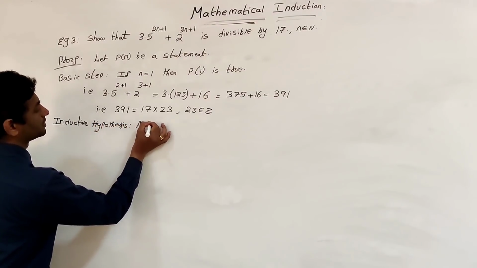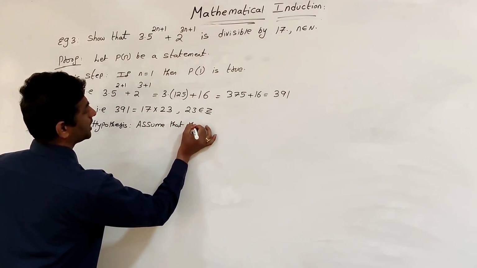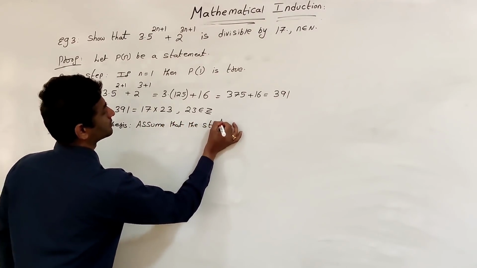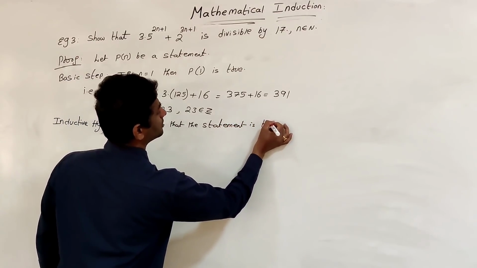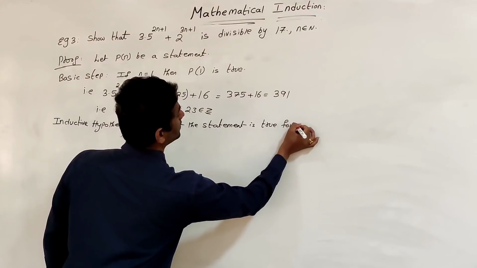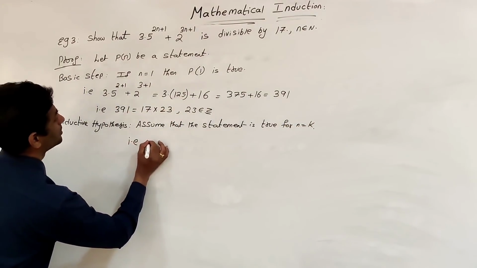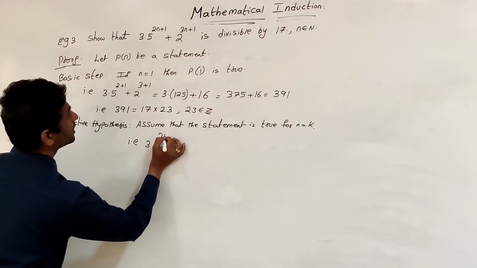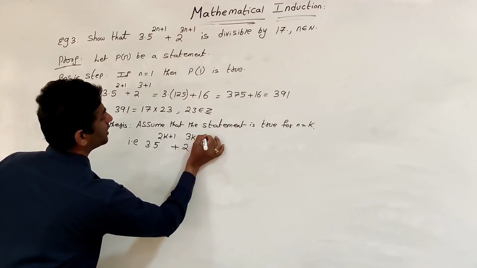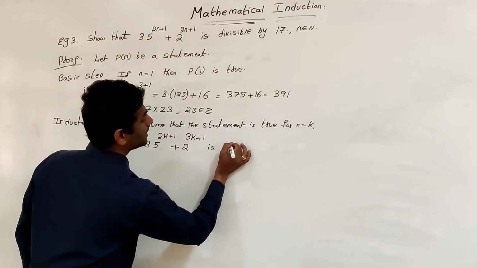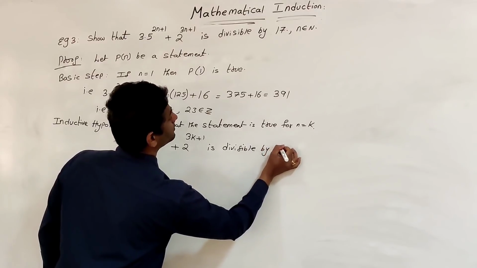Assume that the statement is true for n is equal to k. That is 3 into 5 to the power of 2k plus 1 plus 2 to the power of 3k plus 1 is divisible by 17.